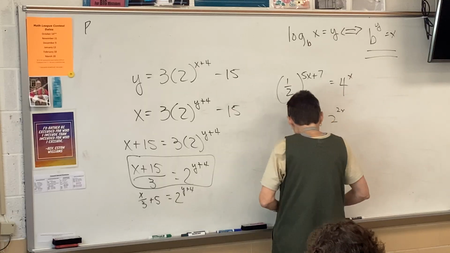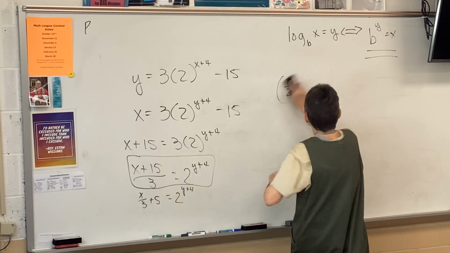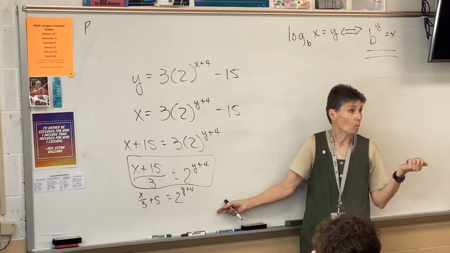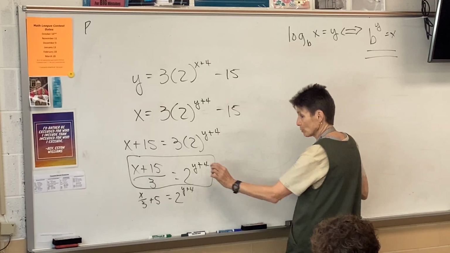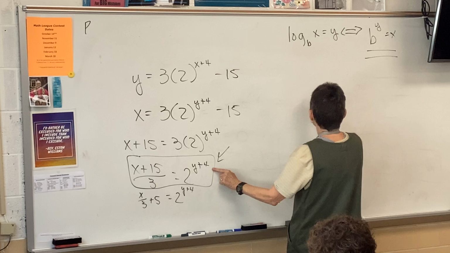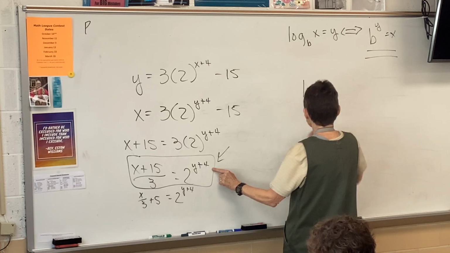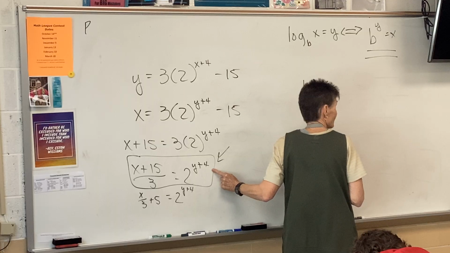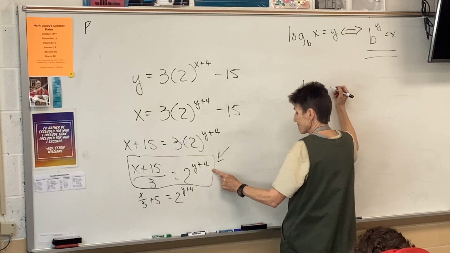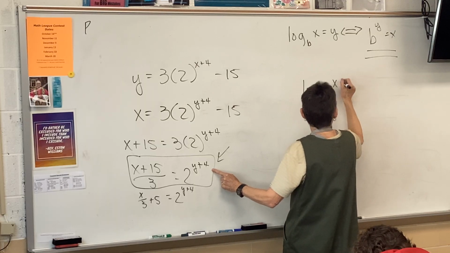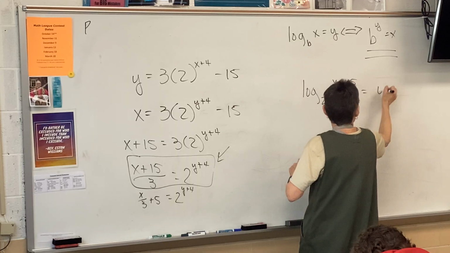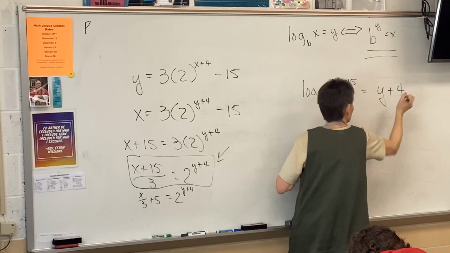So one option you have would be to, remember we're solving for y. We have to get y by itself. So we could rewrite this right here as log base 2 of x plus 15 over 3 equals y plus 4.